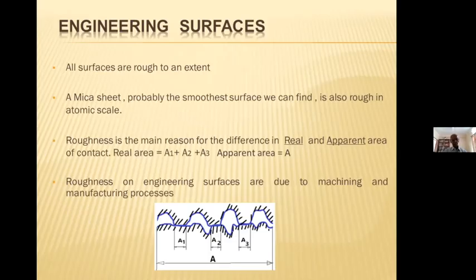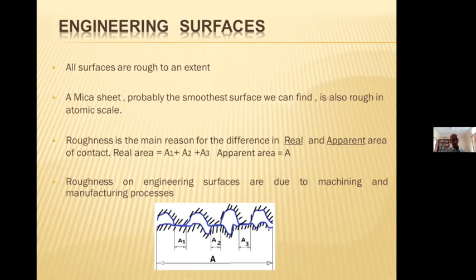One of the smoothest surfaces that we can find in nature is a mica sheet. Even this is not absolutely smooth, and it is also rough to an atomic scale. So here we must differentiate between the real area of contact and the apparent area of contact.